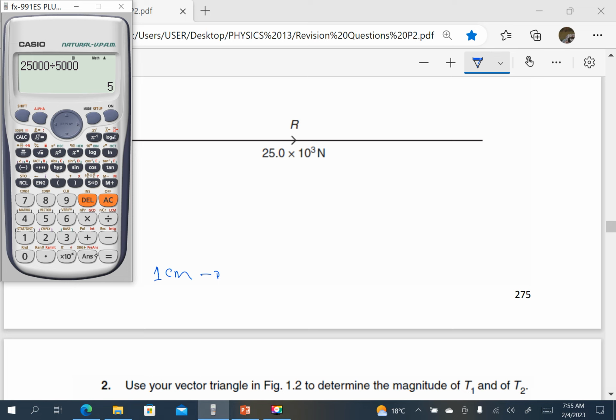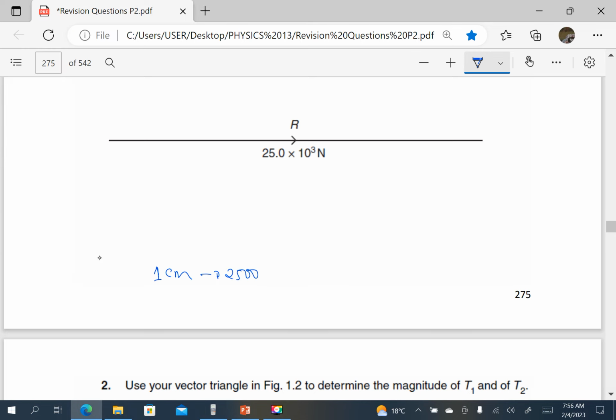I want it to be at least 10 centimeters. So I'll say 25,000 divided by 2,500. That is 10. So 1 centimeter is representing 2,500 newtons.